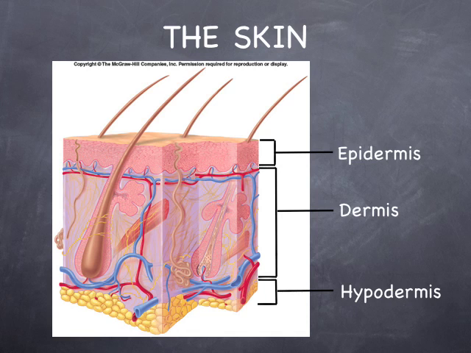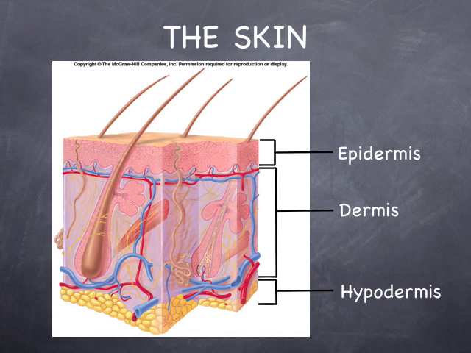If you go to your textbook and look at the list of functions, there's a lot going on in your skin. And you can pretty much gather what those things are by looking at these other structures in here. We want to define or name 4 major types of structures that are embedded into this dense connective tissue.